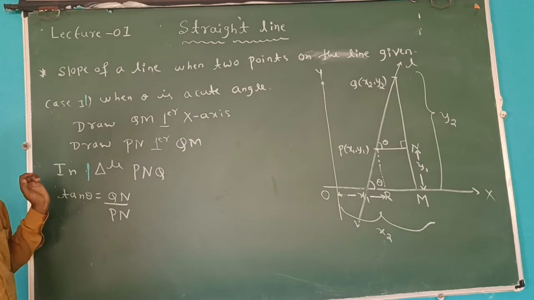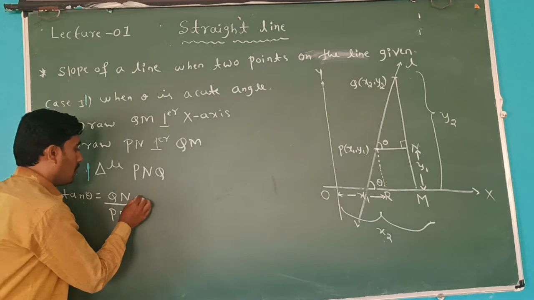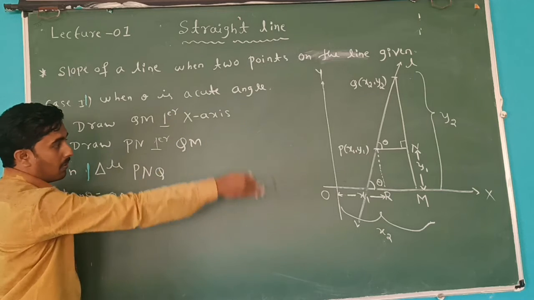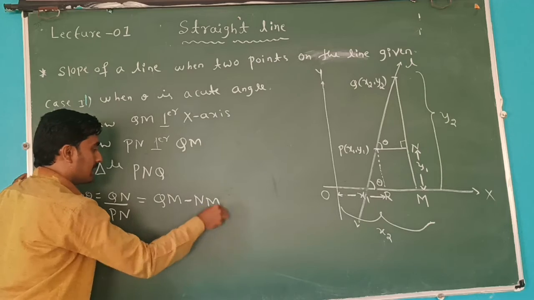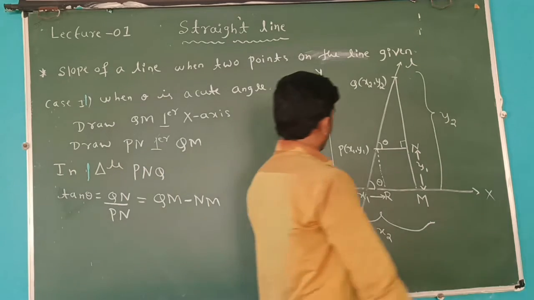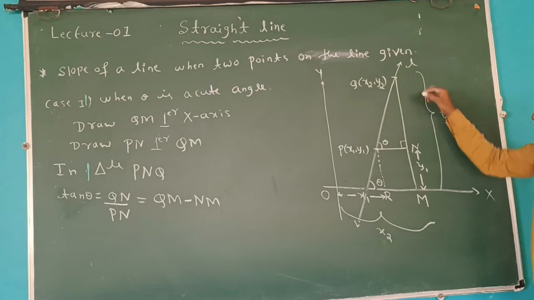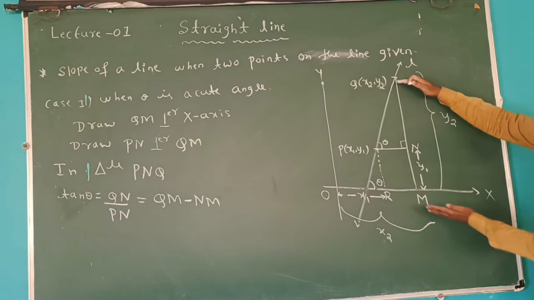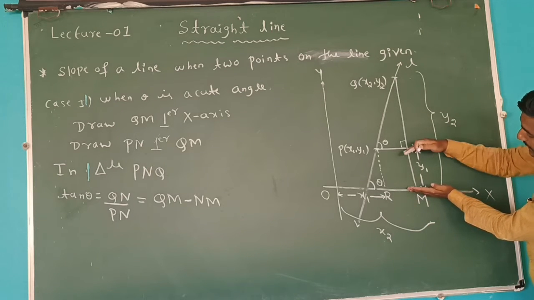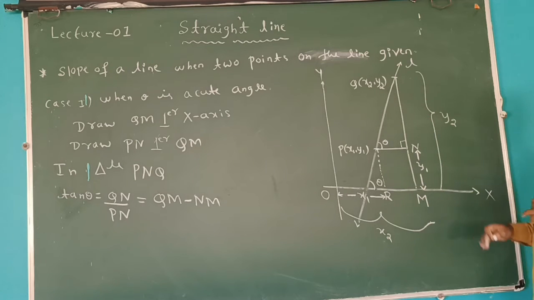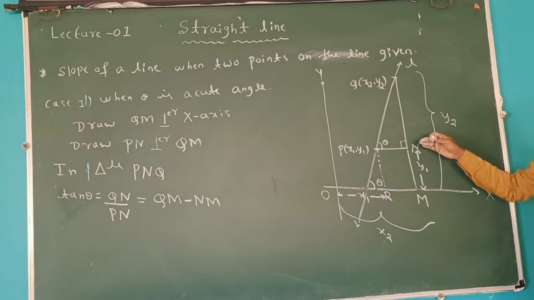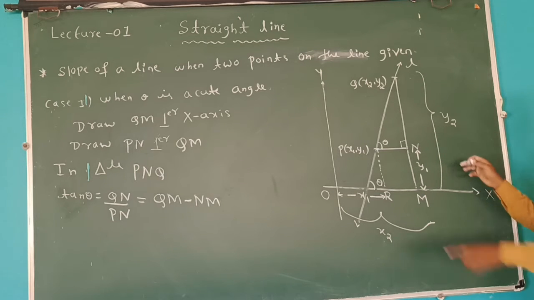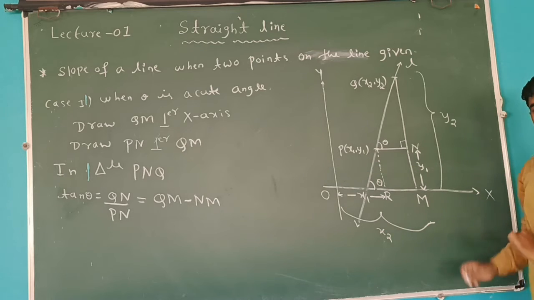How can you find the value of QN here? Take the whole QM minus NM. In the whole line QM, we subtract NM, we get QN. That's what we are writing here: QM minus NM, divided by PN.